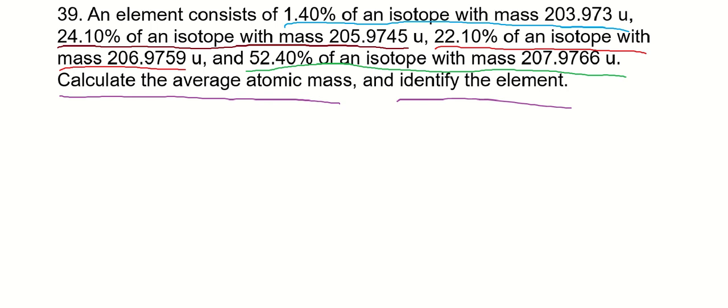All right, so I'm just going to keep using the colors that I have on the screen, and we're going to use the mass of the first isotope times its percent abundance.